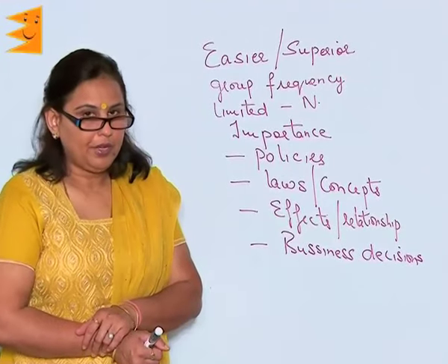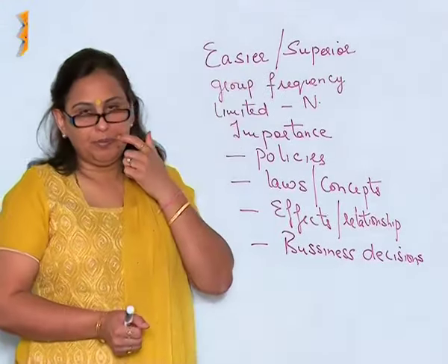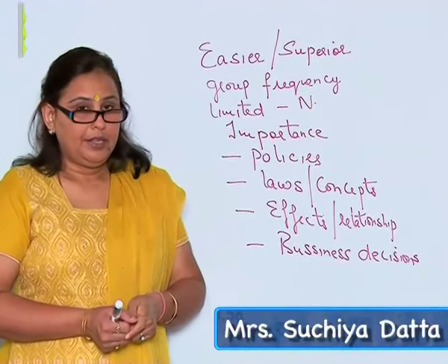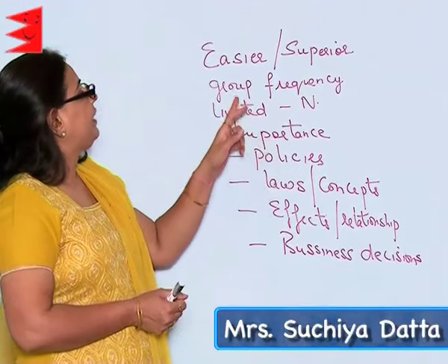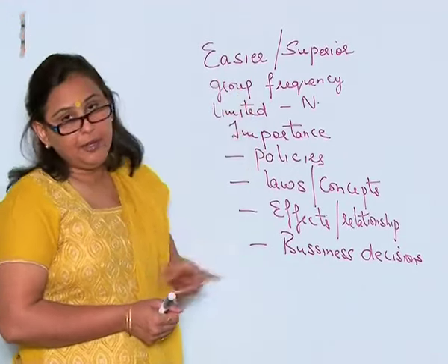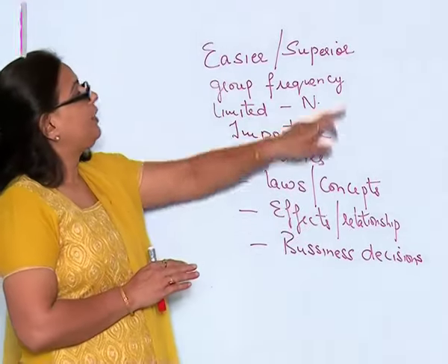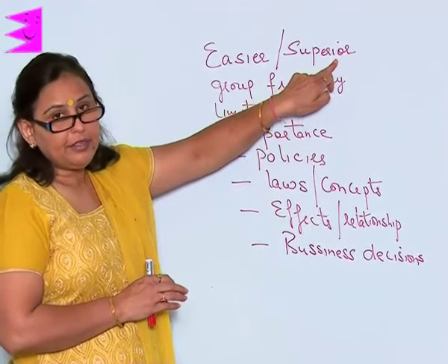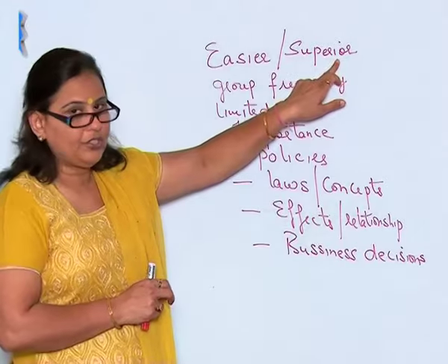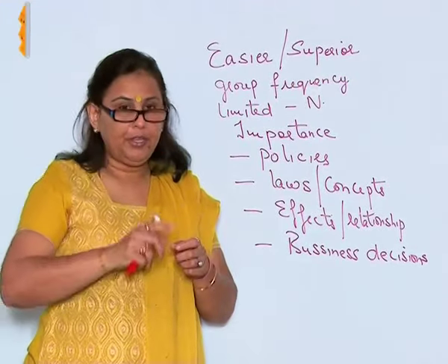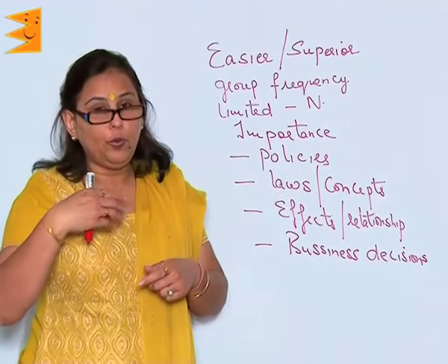When I talk about the merits of the Spearman's rank correlation coefficient, the biggest merit is that it is an easier method than the other methods. Besides, it is also a superior method of finding out the correlation. But its demerits are that it cannot be used when it is in group frequency.